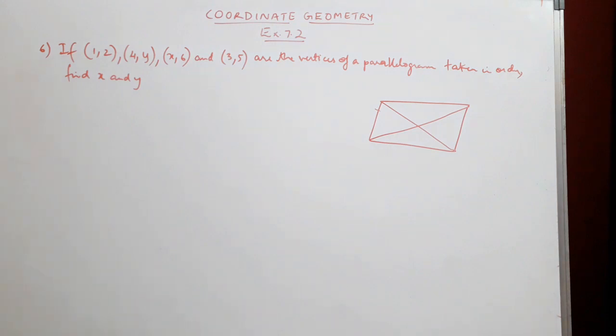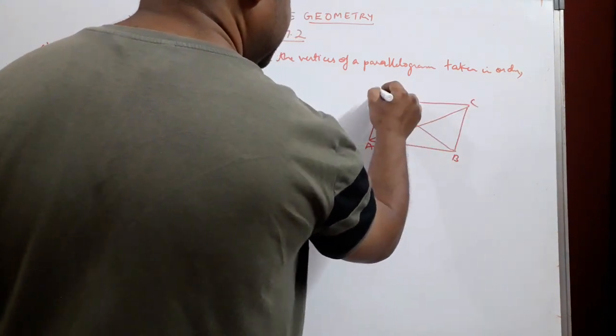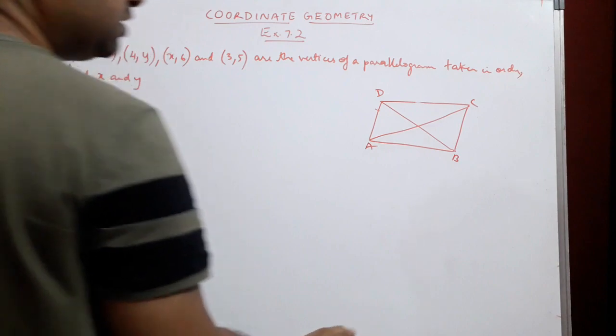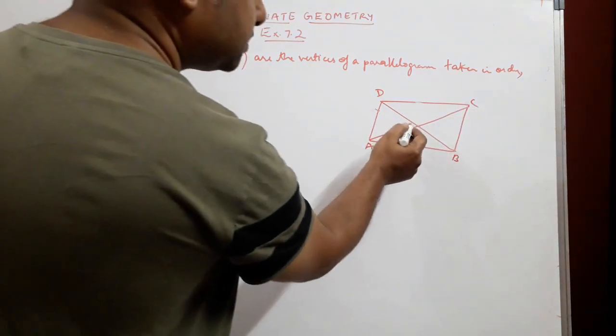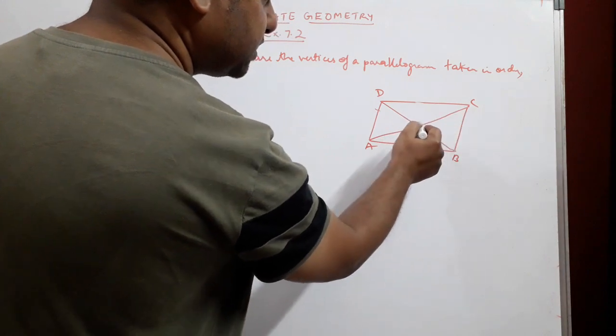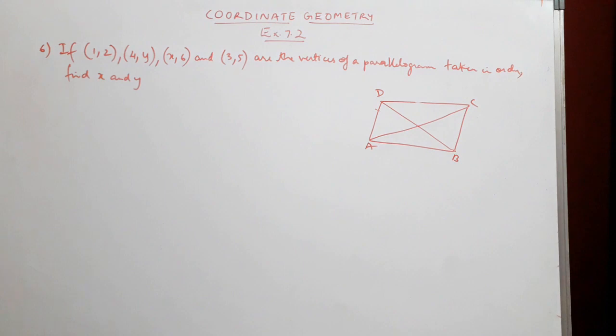They bisect each other, meaning they divide each other into equal parts. So if we take this as A, B, C and D, then BD and AC divide each other at this particular point into equal parts.